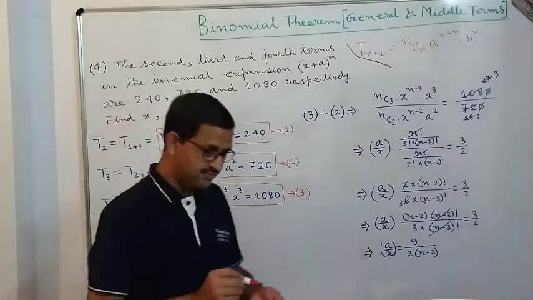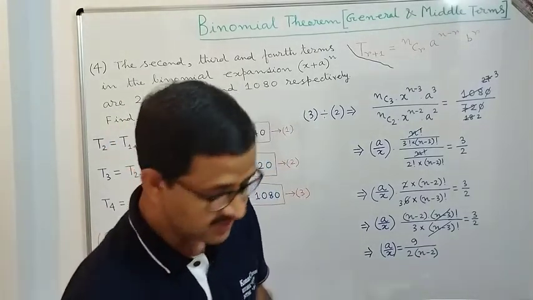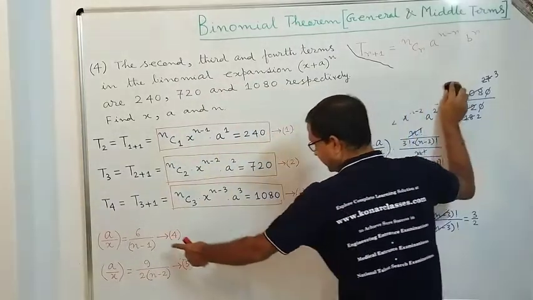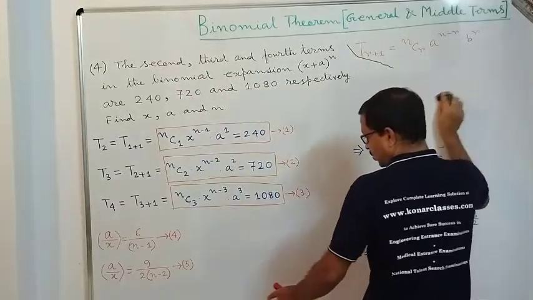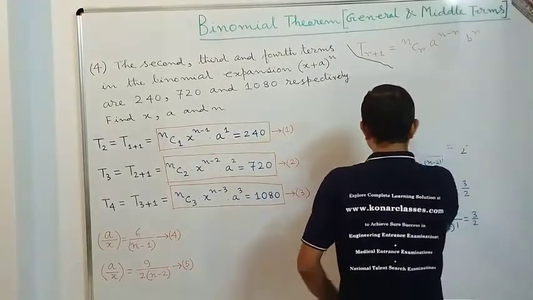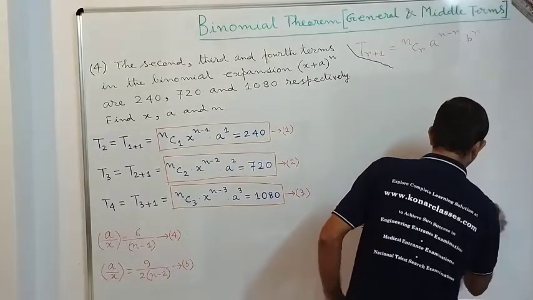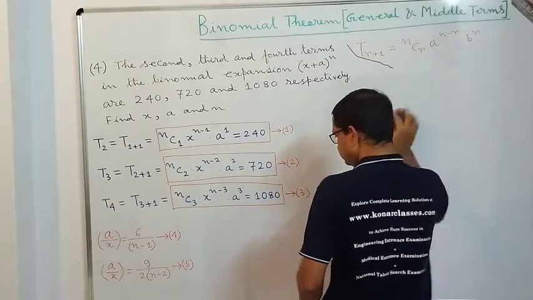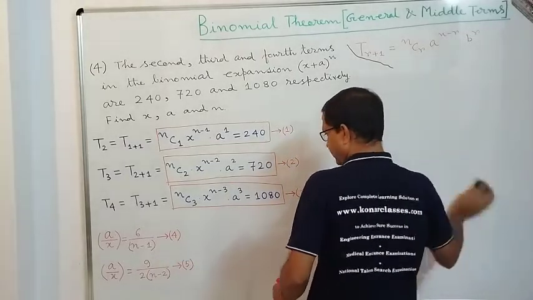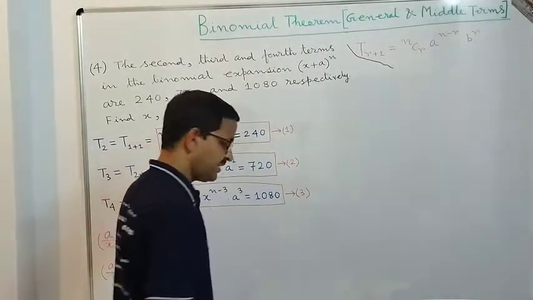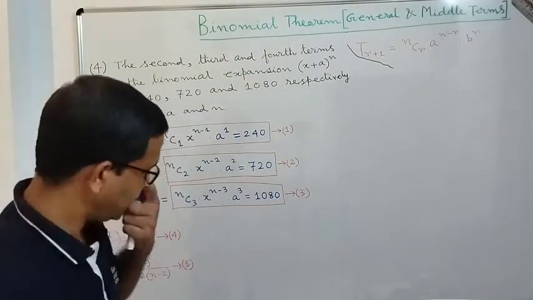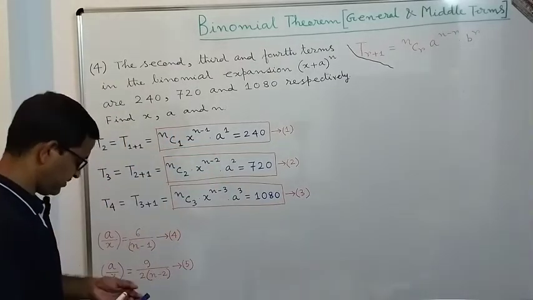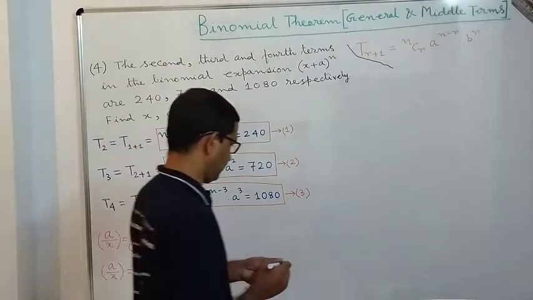Now, dear students, if we look at equations 4 and 5, we can equate 6 by n minus 1 to 9 by 2 into n minus 2, and that will give us the value of n. Once we get the value of n, we can find the value of a by x also from there, correct, and we can apply it in any of these equations to get the value of the other one.